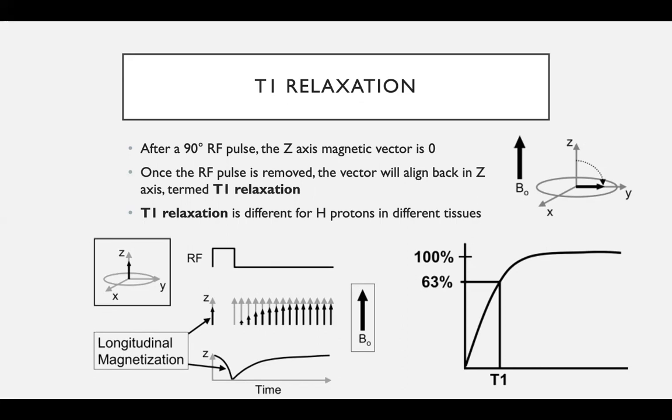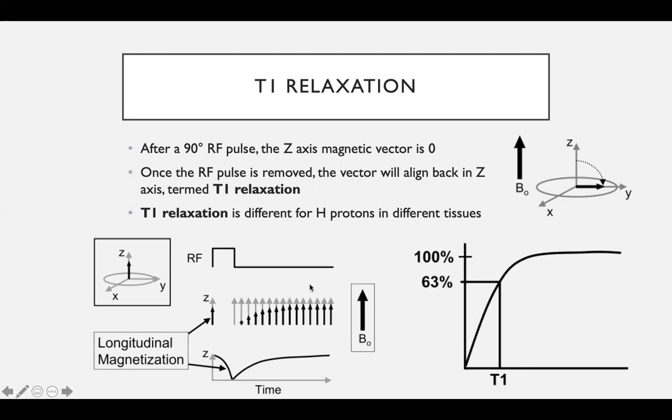This is termed T1 relaxation, and this is the longitudinal relaxation because it's going back to the longitudinal z-axis. The amount of time that it takes is different for hydrogen protons in different tissues. So that's how we can tell that this hydrogen proton is from water, whereas this hydrogen proton is from fat, and with an infinite number of other tissues.